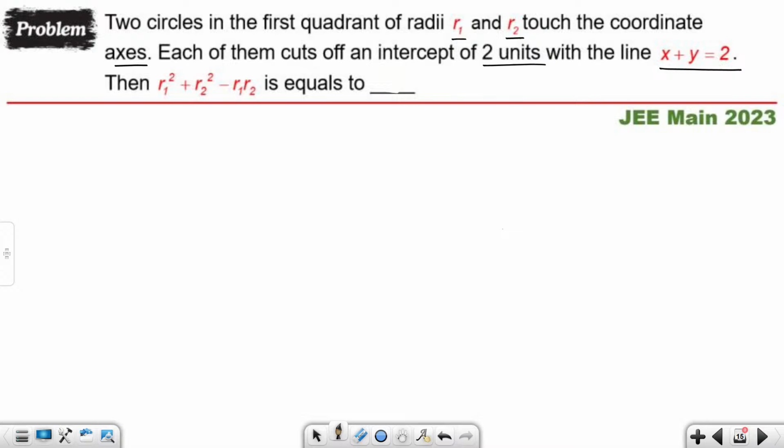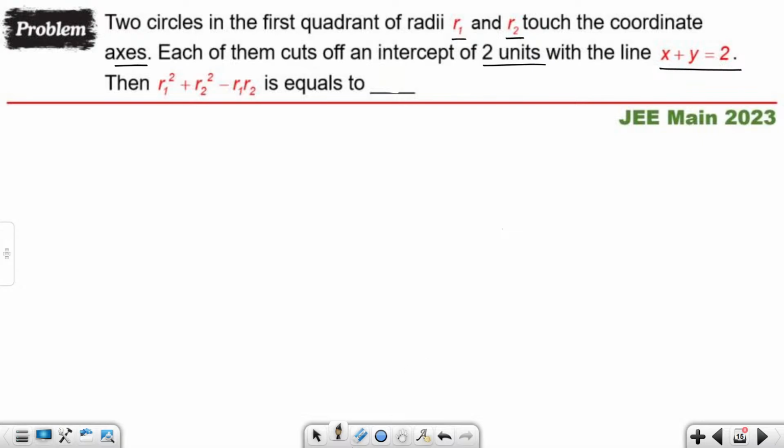Whenever you get symmetric circles, you consider only one case, and automatically the 2 circles in our case will come. So don't worry about it. You only take one case and solve. You will definitely get 2 options for this one. Okay?